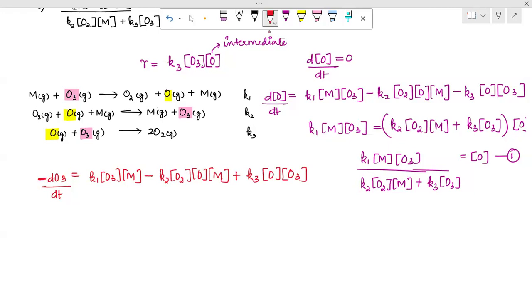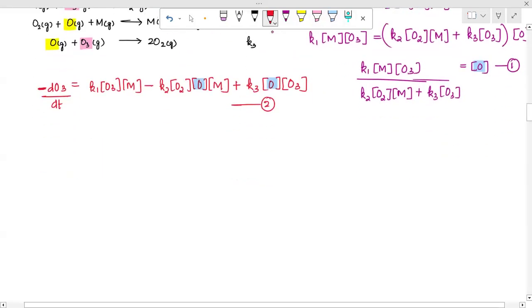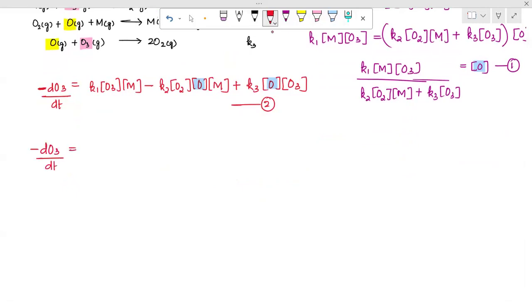Okay. Now, wherever you have O, you can see that you have O over here, you have O over here, you have to put it. Let's say this is equation number 2. You have to put the expression of O in 2, and let's see what we get. So what we get is minus dO3 by dt is equal to, in the first term, it's not there, K1 O3 M. In the next term, you have M and O3 on the numerator of the expression corresponding to the oxygen.